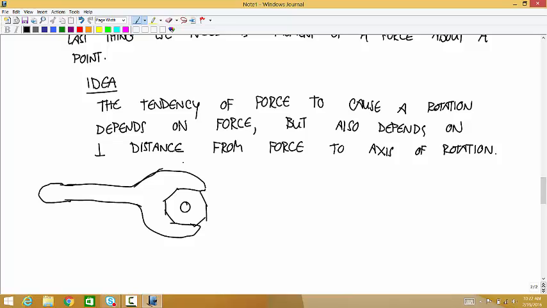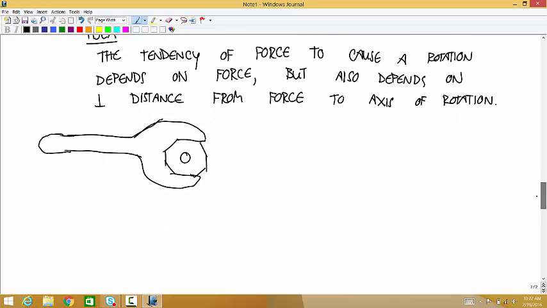You don't want to sit here. That's not going to do anything. It might shear the bolt off, and then you're done for the day at least. But what matters is this force, but also this perpendicular distance, and I'm going to call it rho. And by perpendicular, I mean perpendicular to that force.